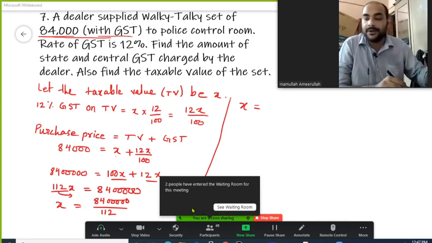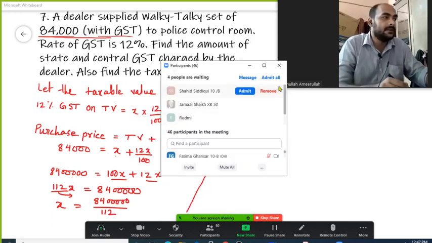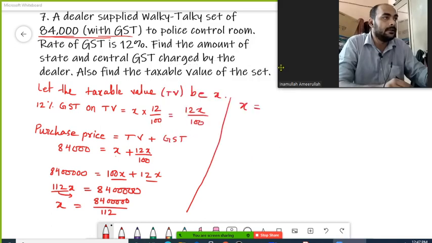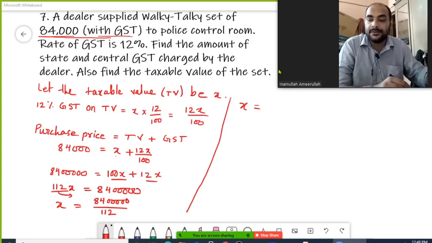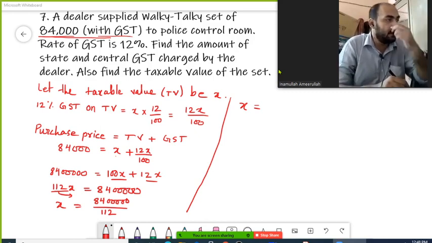Now 84 lakhs we need to divide by 112. So when we divide, we will get 9,000 as. So we need to divide, so we can simplify this. Now we will verify which number we can take to divide this.